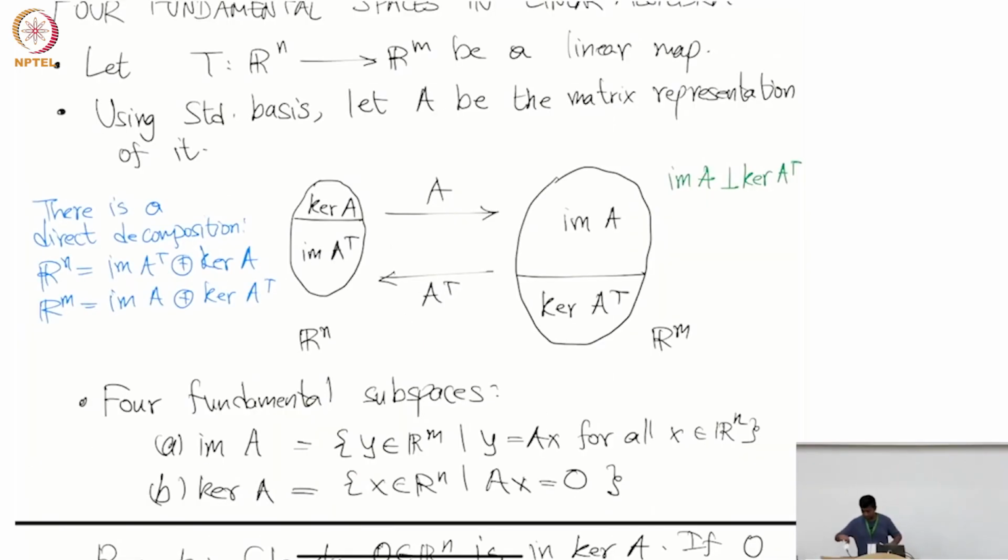So I'm going to go back to my iPad. In linear algebra, the notation for this would be to say image of A is kernel of A transpose perp. That little thing is called perp.